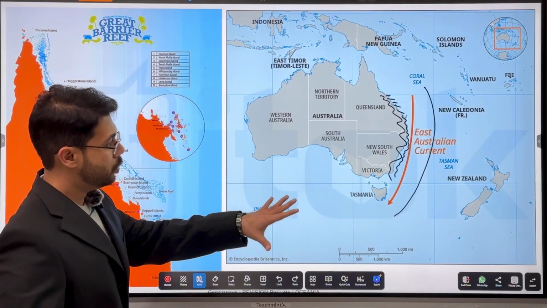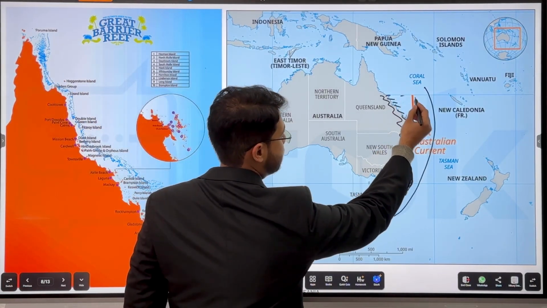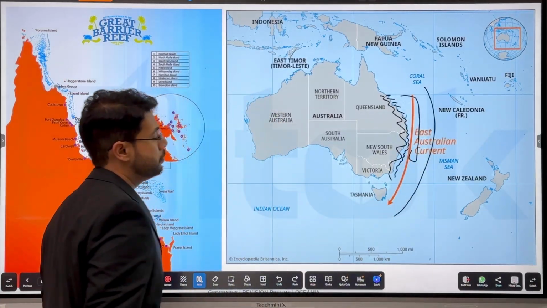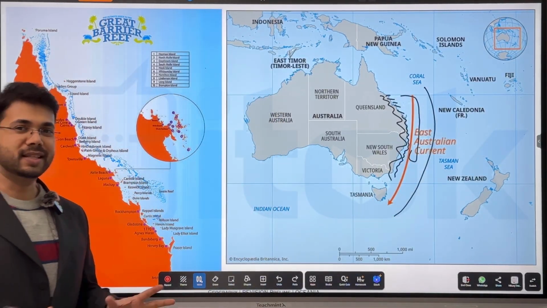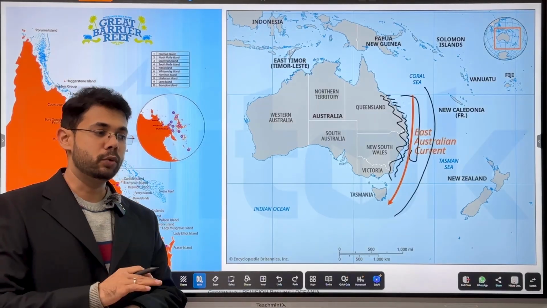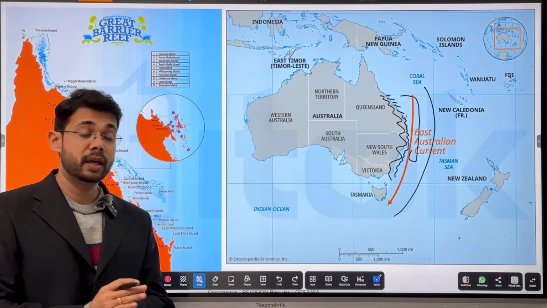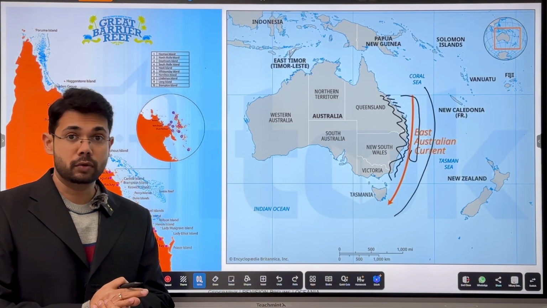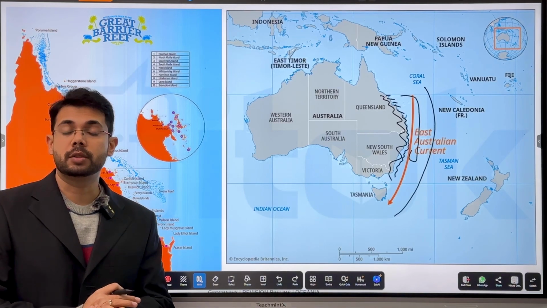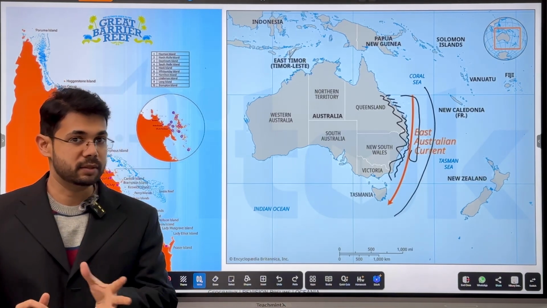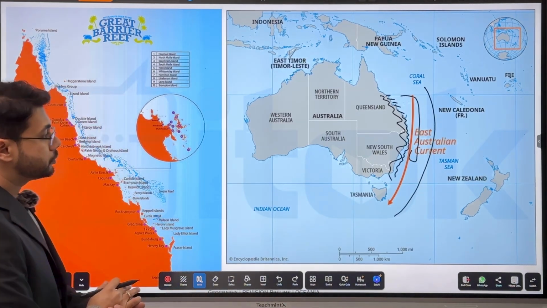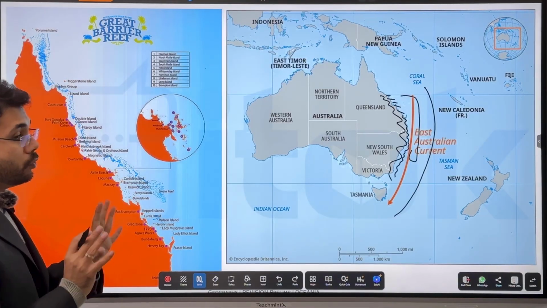So the region over this is extremely stable, not much silt, and corals hate silt. If there is silt, you won't find any corals over there. That's why on the eastern coast of India we do not have much corals, but in the western coast we have some amount of corals. So they need stable warm water.